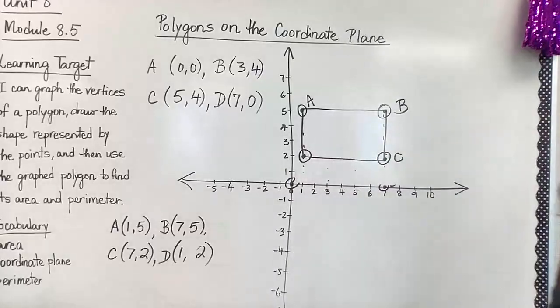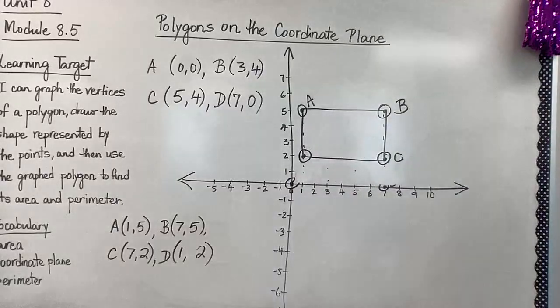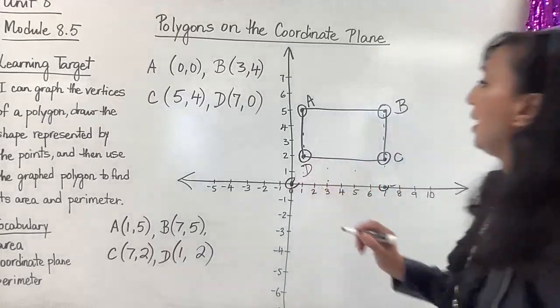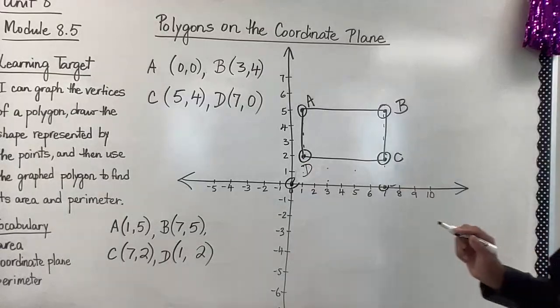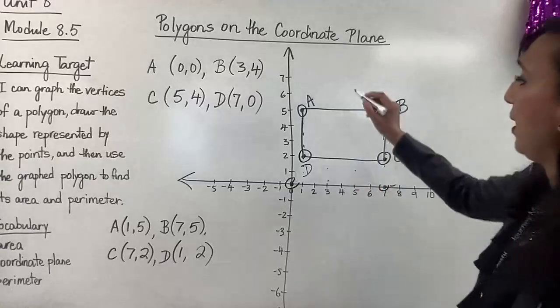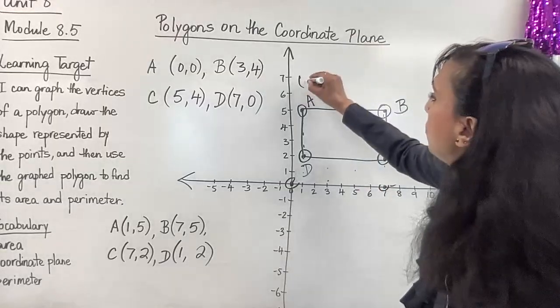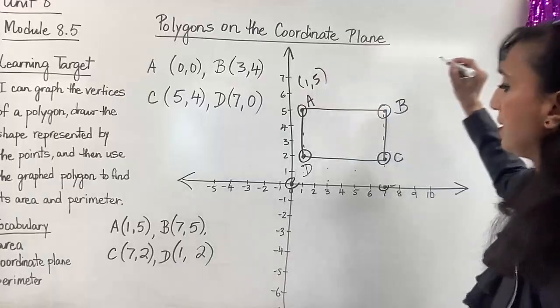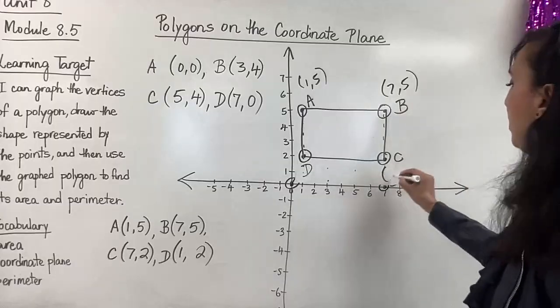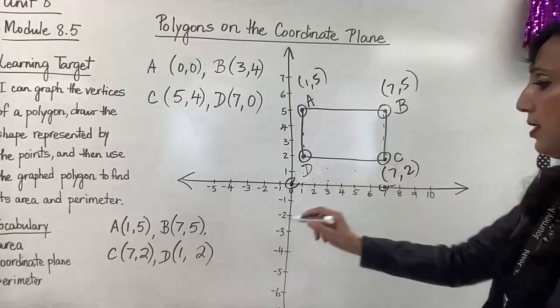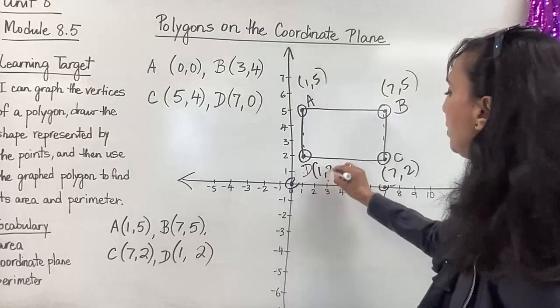Okay, so if I look at this one and I know that side AD, okay, this is D, side AD is going to be 5 minus 2, because look at, I'm just going to write your ordered pairs once again. This is 1, 5, this is 7, 5, this is 7, 2, and this is 1, 2.